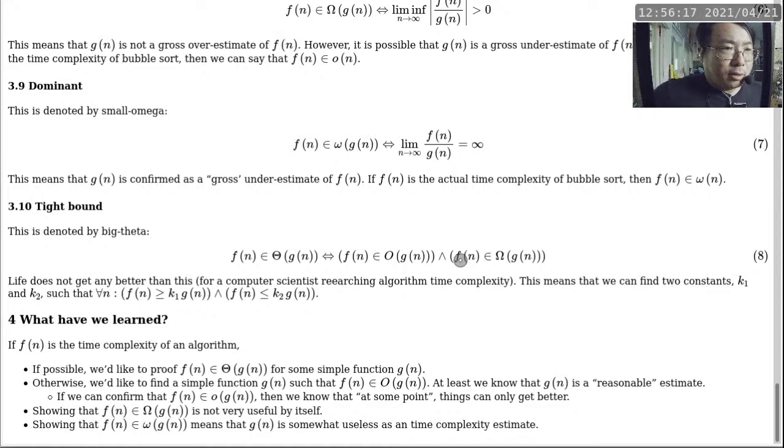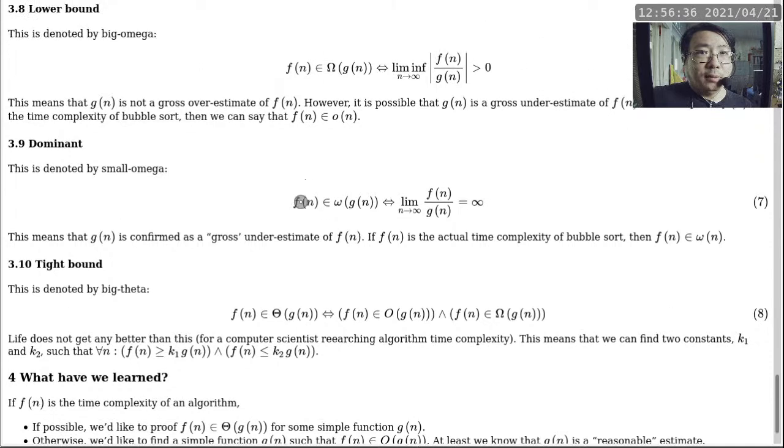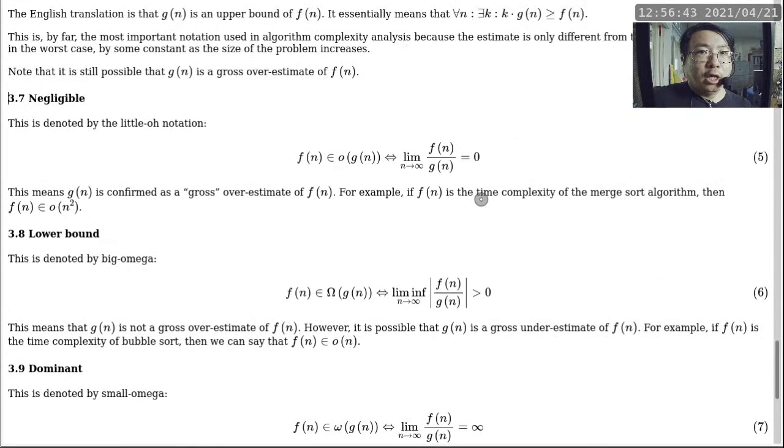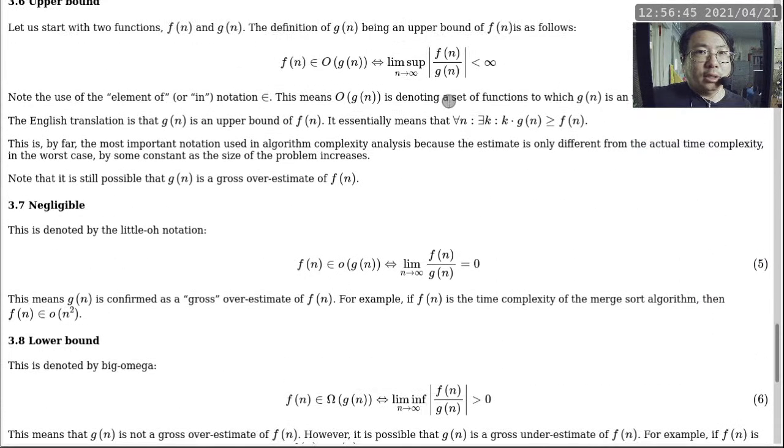So the question is whether tight bound means the limit goes to a finite or specific element. Nope. Tight bound is basically just saying g of n is both a lower bound and an upper bound of f of n. So when you plug in f and g, it would meet this requirement. The limit inferior has to be greater than 0, but at the same time the limit superior also has to be less than infinity.